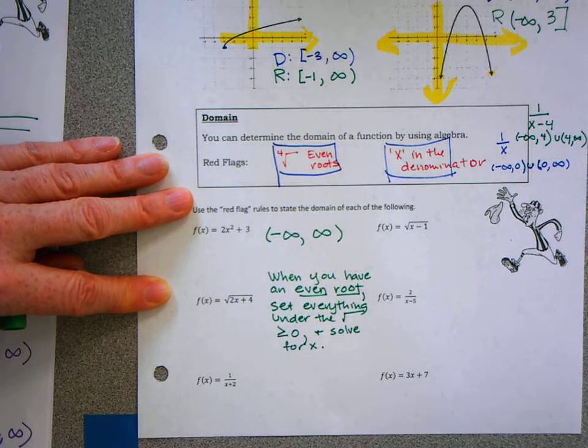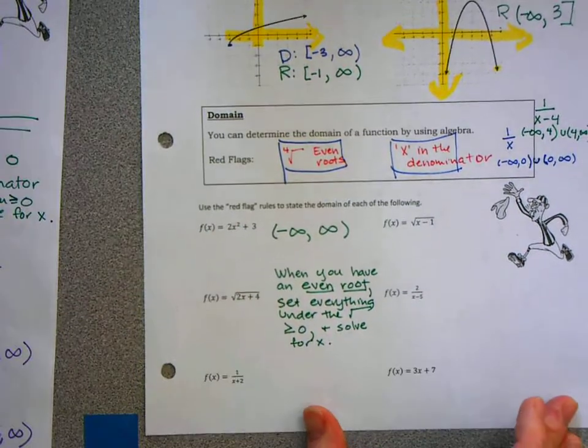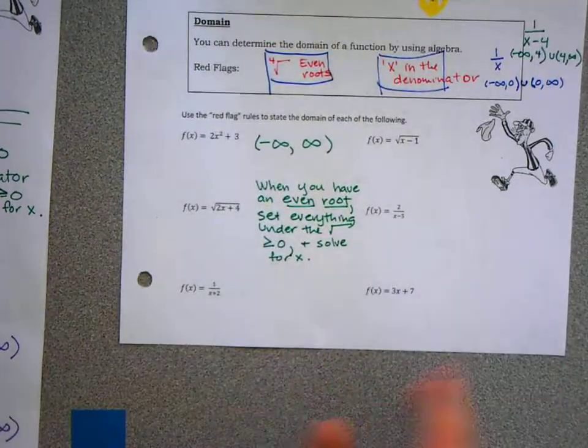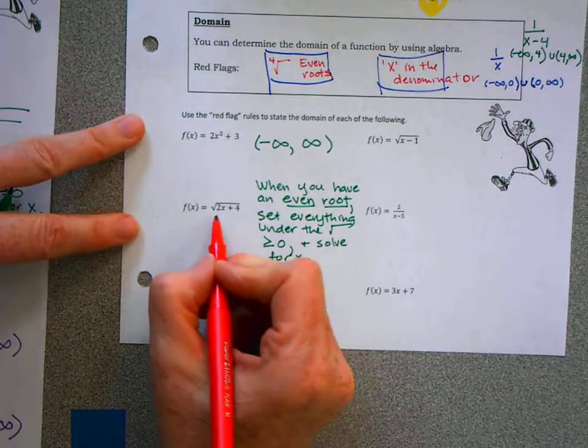Okay? Let's do an example. All right, so I'm going to set 2x plus 4.